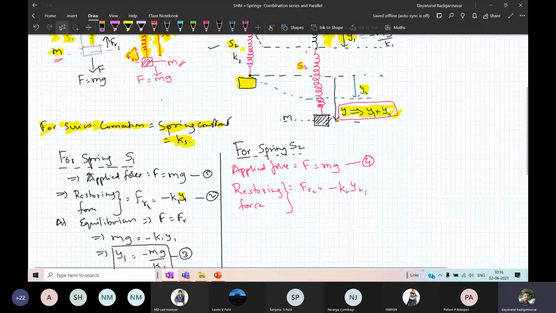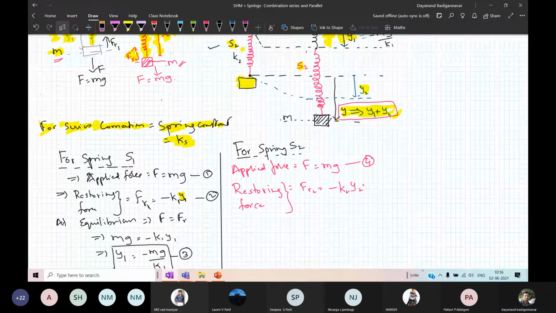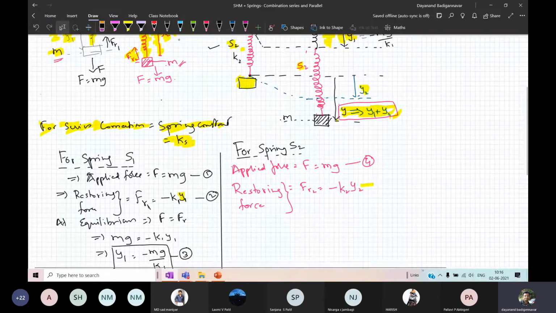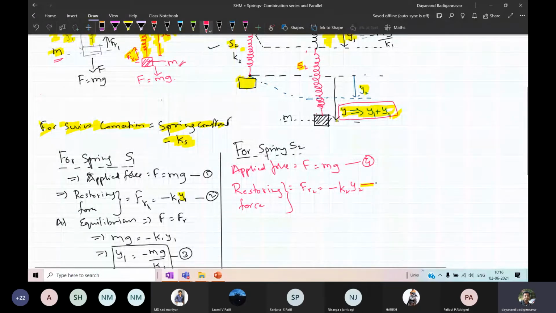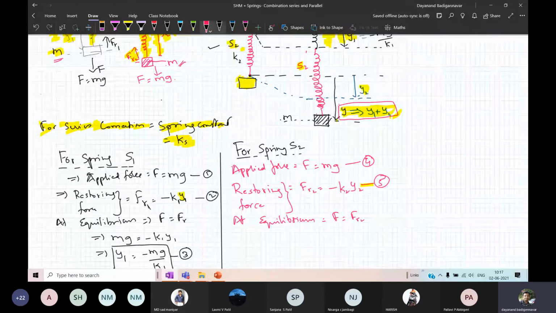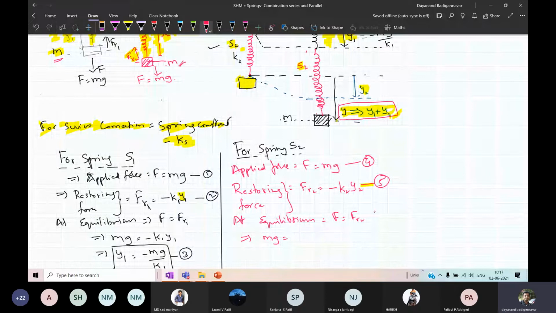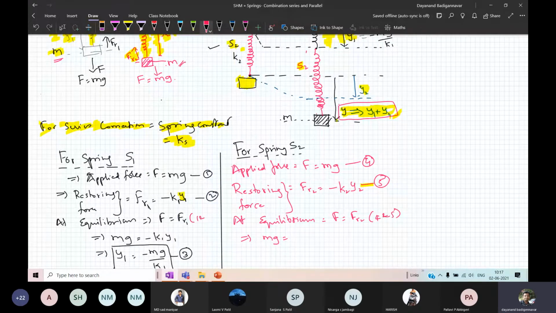Now again, at equilibrium, same step, there is no difference. F equal to FR2. So from equations 4 and 5, I can write M into G is equal to minus of K2 into Y2. Therefore, Y2 is equal to minus mg divided by K2.